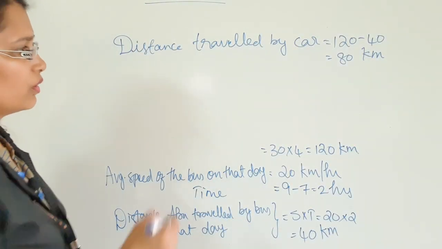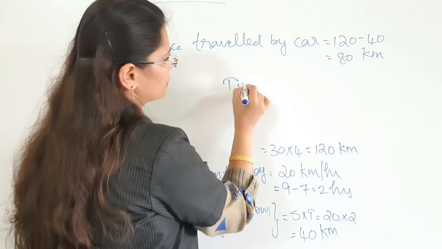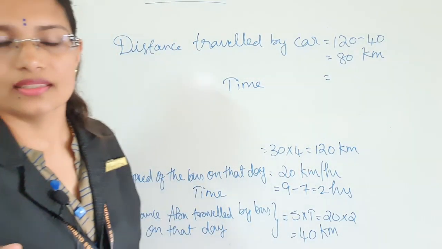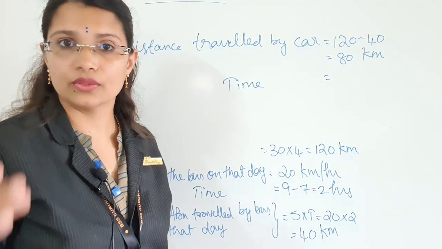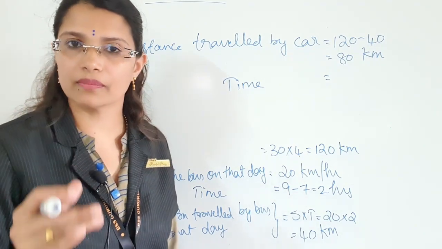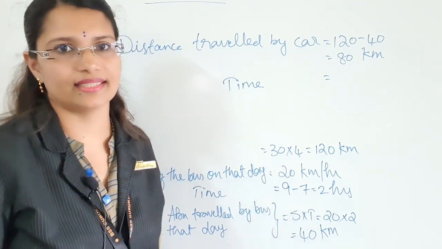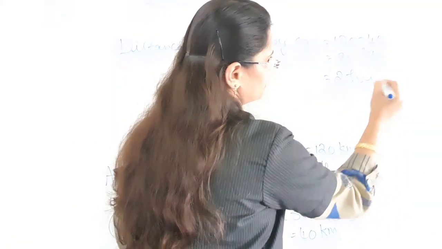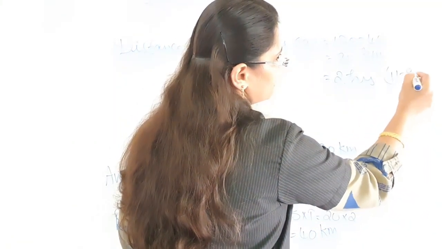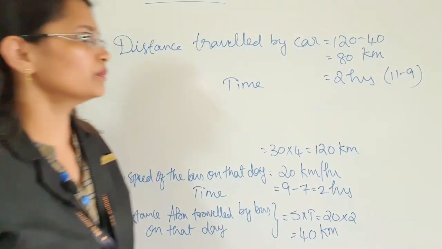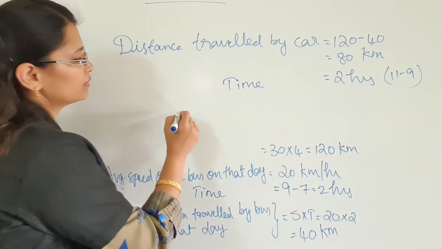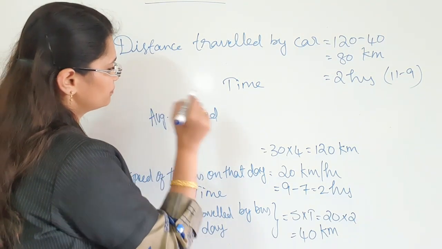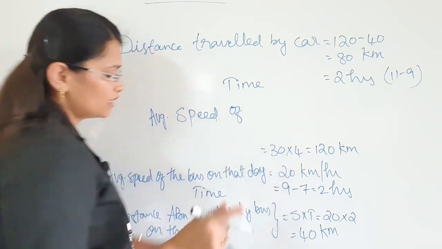And then how much time? Time duration is equal to 9 to 11. That is, he got down from the bus at 9 o'clock and reached the station at 11. So 9 to 11, that is 2 hours. That is 11 minus 9 is equal to 2 hours. Then average speed of the car journey.